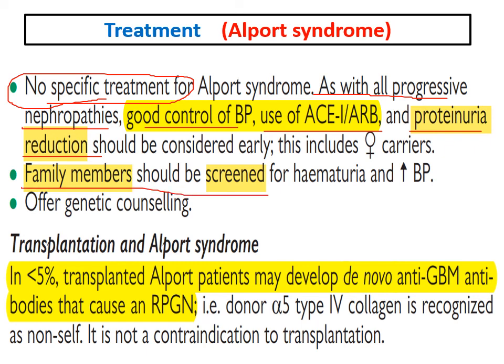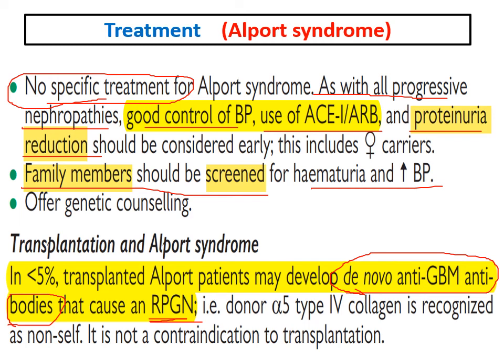Family members should be screened, of course, for hematuria and hypertension. What about transplantation? Transplantation is usually successful in Alport syndrome, but take care of a rare condition that occurs after transplantation in Alport patients, the occurrence of de novo anti-GBM antibodies that can cause rapidly progressive glomerulonephritis. This is because the type 4 collagen is recognized as non-self.